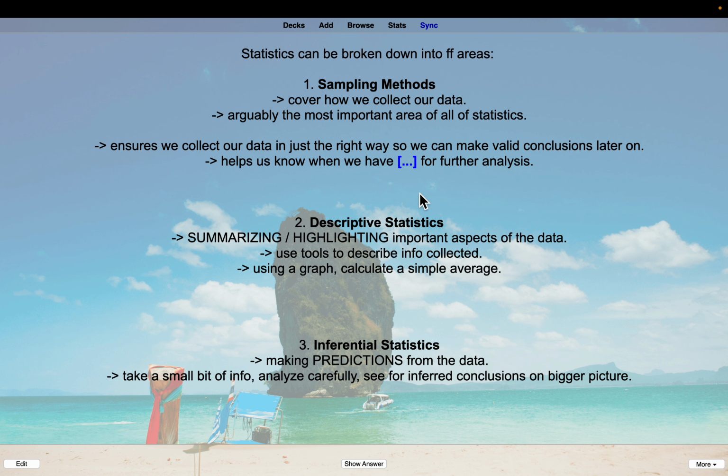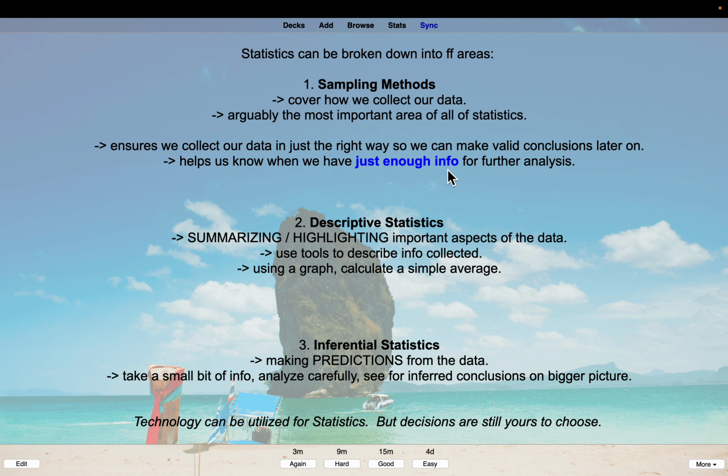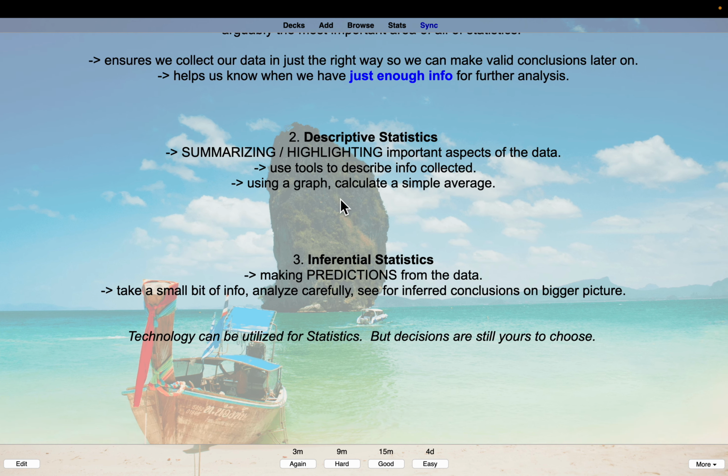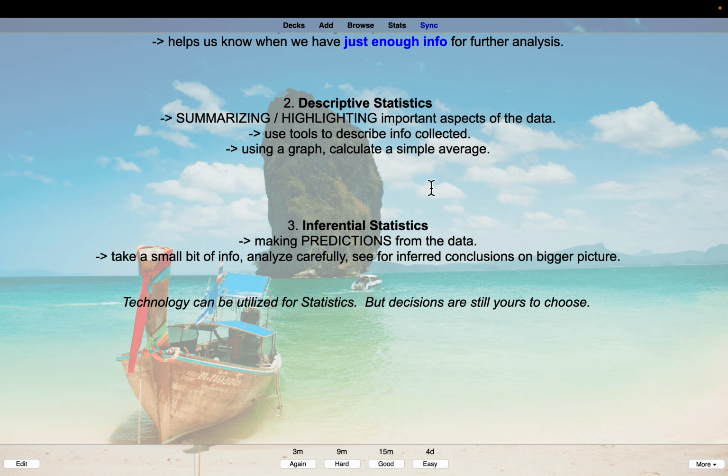It helps us know when we have just enough information for further analysis. Descriptive statistics, remember keywords summarizing and highlighting important aspects of the data. So yeah, describe information collected using tools and using a graph, calculating simple averages.